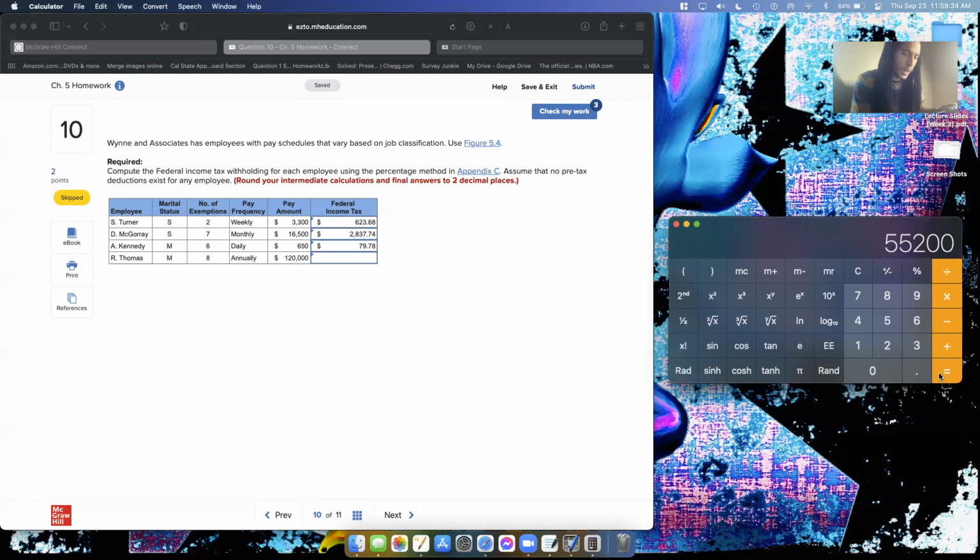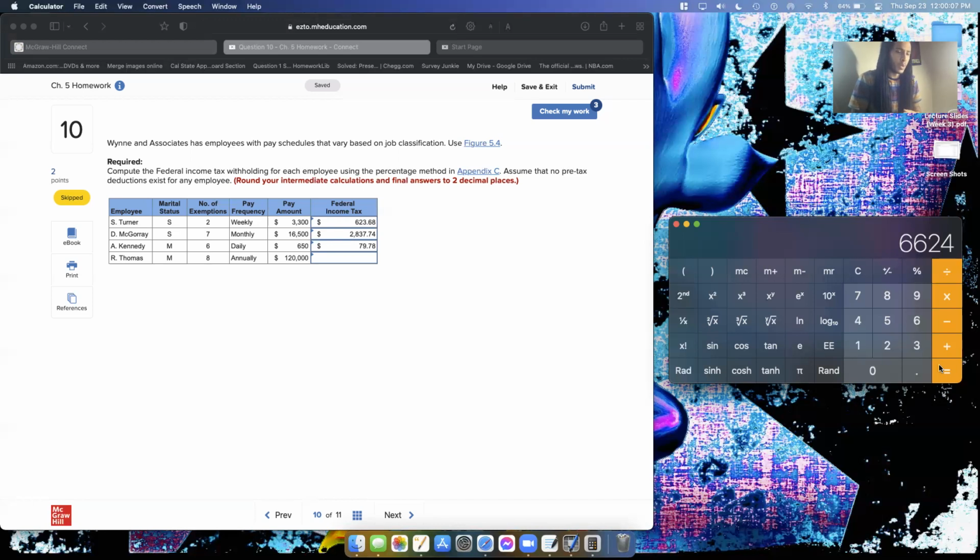Well, in the range of 31,200 to 90,750, you will see that the variable percentage is 12%. So if we multiply 55,200, which is the excess, by 12%, you will see that the variable portion is going to be $6,624. And then the last step is to add the fixed portion of the income taxes.